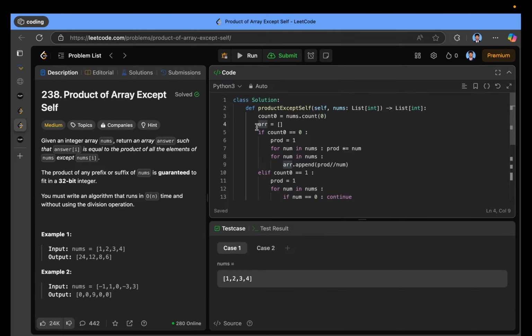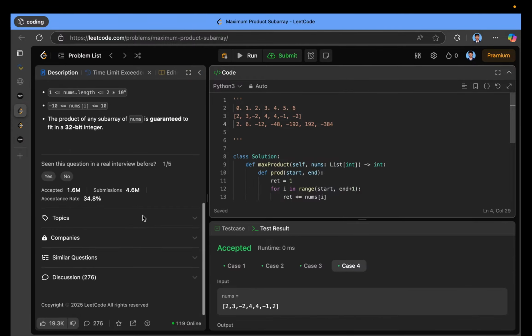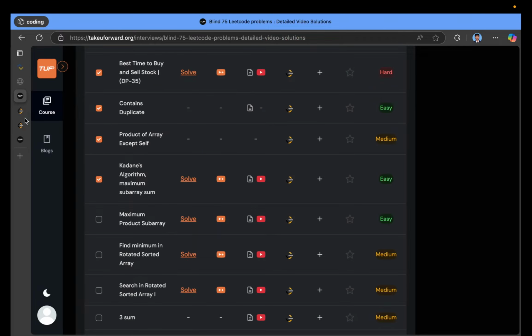Okay, there is not a single hint here. Wow. Well, if there is no hint, then we have no choice. Just go for the solution.